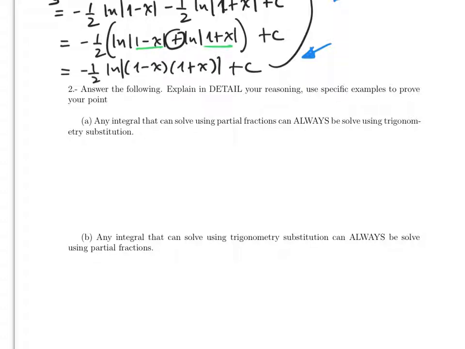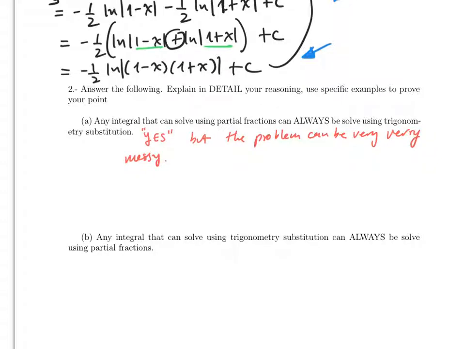Well, in theory, yes, but in practice, it's not necessarily the case. But the answer is yes, but the problem can be very, very messy.